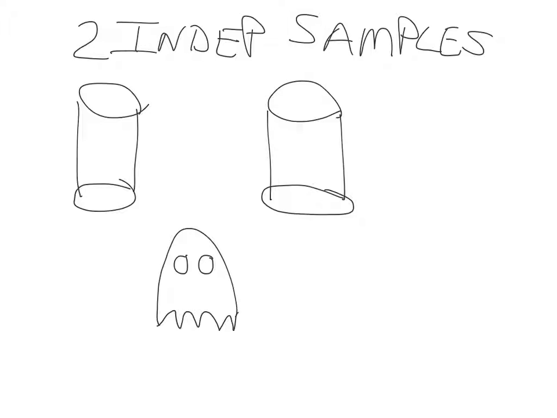Okay, so now what you're going to do, essentially, that's a population. You're going to sample from two different populations, two independent populations, and get your inference based on those rather than just one. Okay? And let's talk about the setup on that first, and then we'll talk about the variance test.